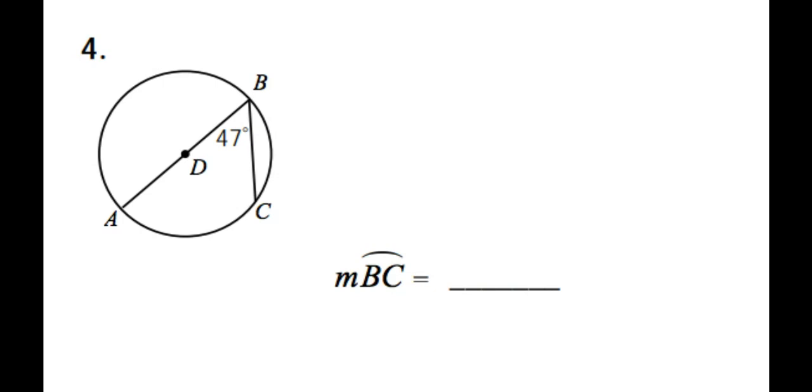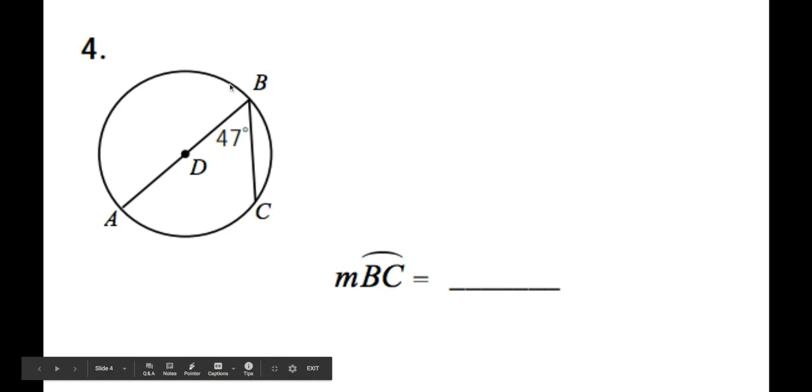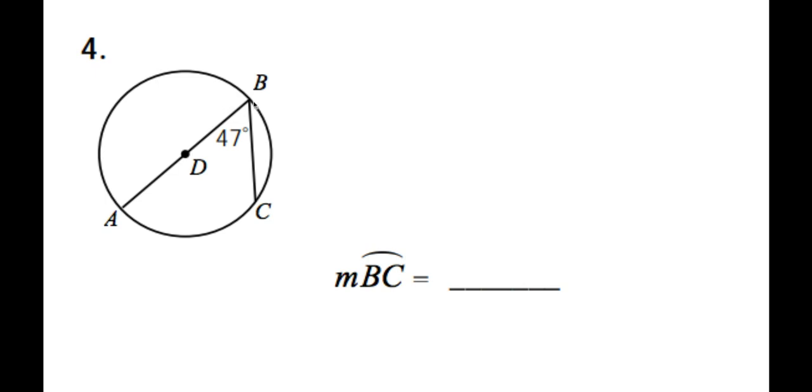Now let's move on to another one. Number 4. Now, is this angle intercepting the diameter? No. Good. Now, what is the most important thing that I have to remember? What's my formula?